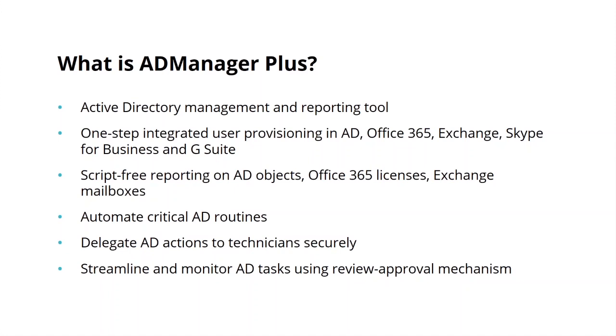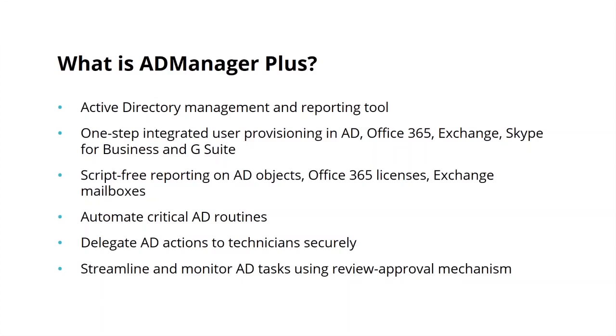When it comes to reports, there is absolutely no need to rely on PowerShell scripts or any sort of scripting to retrieve information on AD objects. Be it user reports, password reports, Exchange, licenses, group memberships, security groups, or nested groups, you can fetch all of that without any effort.